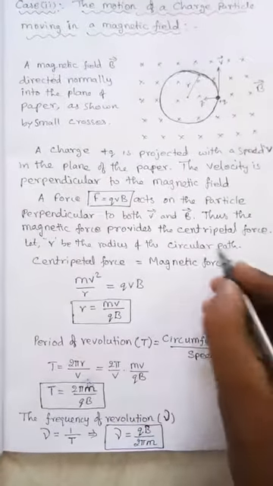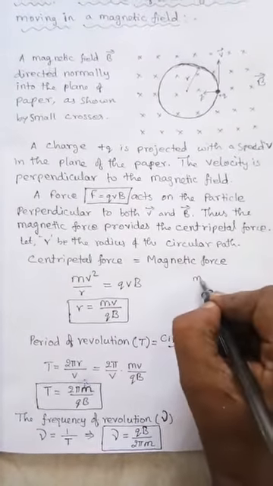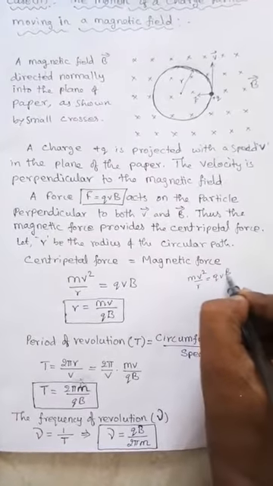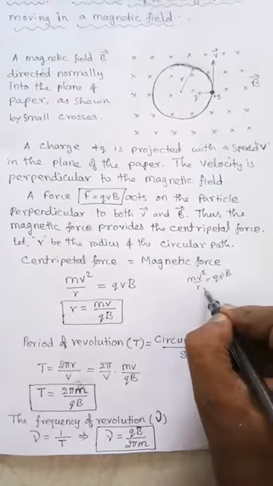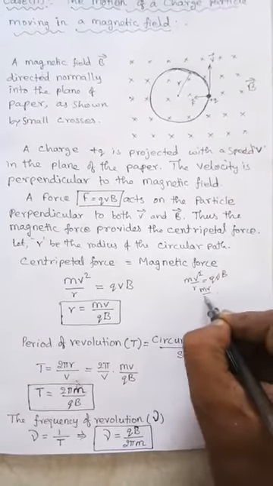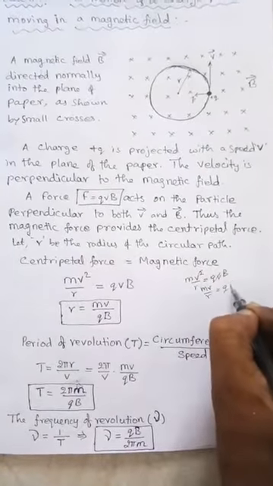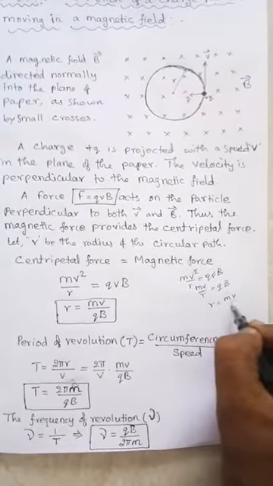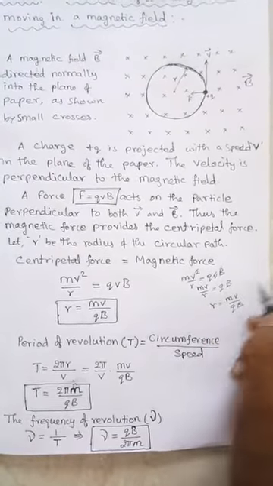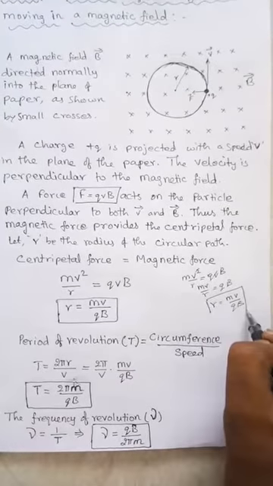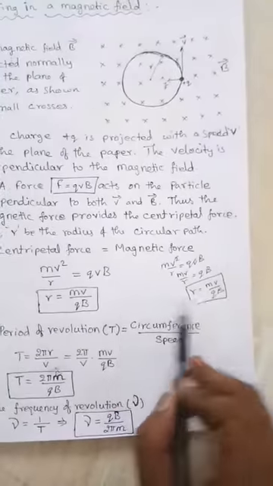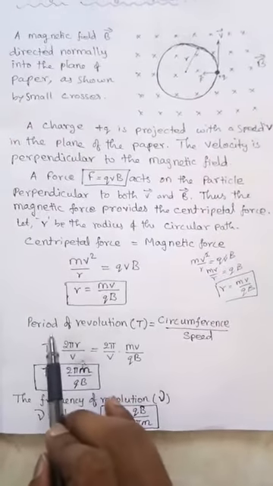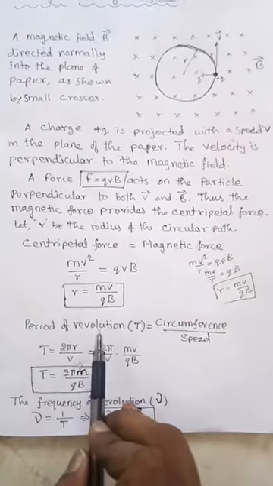Here one v cancels, so mv by r is equal to qB. To find r, cross multiply, so you will get r equals mv by qB.